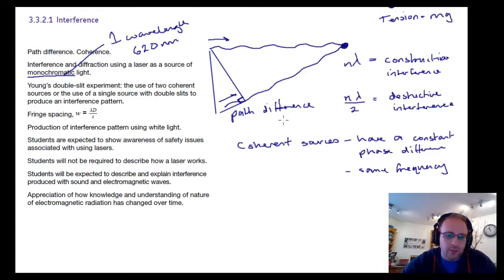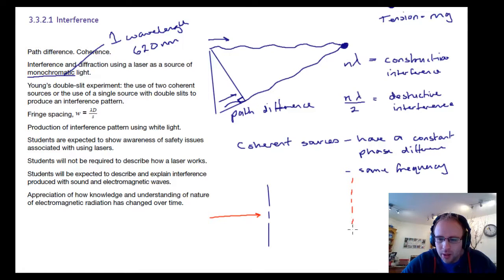So the double-slit experiment, if we take our coherent light and we pass it through two slits, then what we find is, so say we shine our red laser like this, what we find is we get maxima and minima.